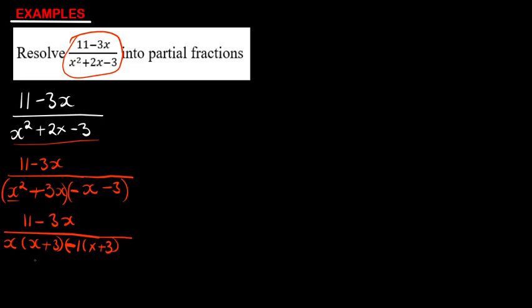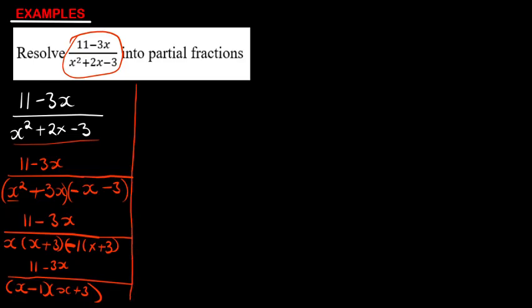So the next thing we have is 11 minus 3x over x minus 1, then x plus 3. That is the factorized form.